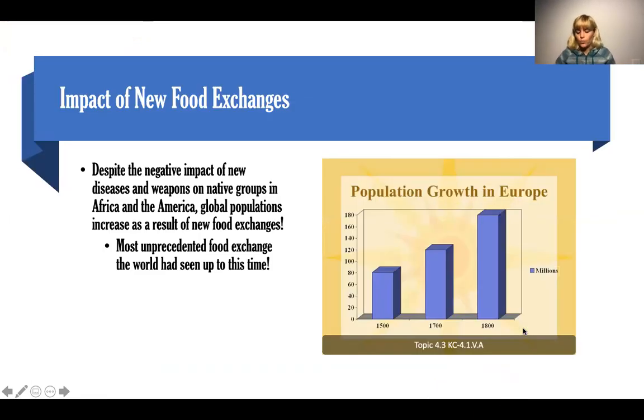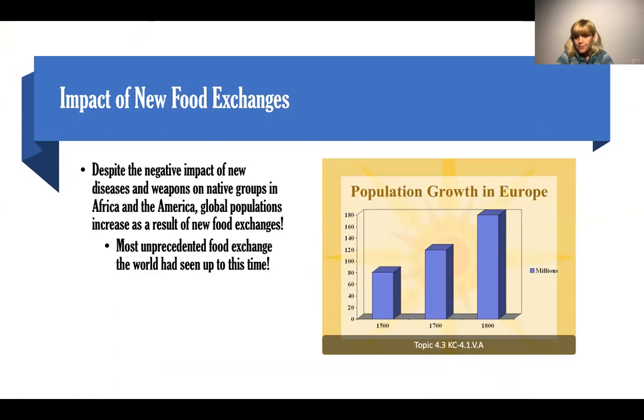So now the whole point of all this stuff, we've got to bring it all together. Okay, the impact of these new food exchanges. All right, so we just talked a lot about death and destruction and enslaved people's trade. So I'm sure a lot of you are thinking, this Columbian Exchange thing wasn't that great.